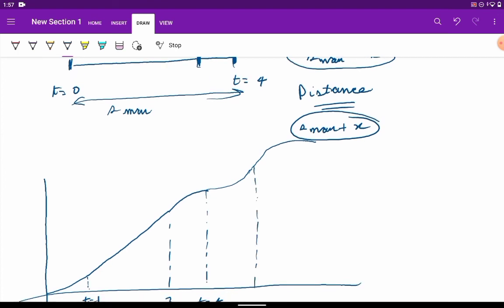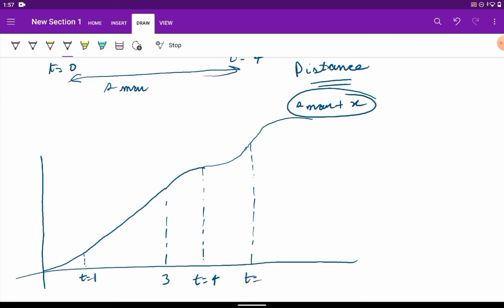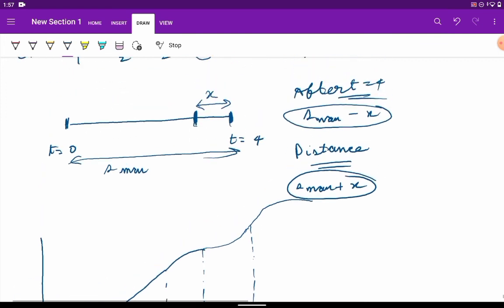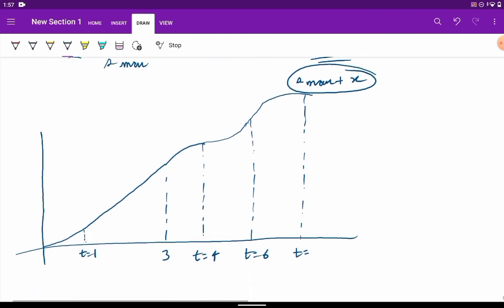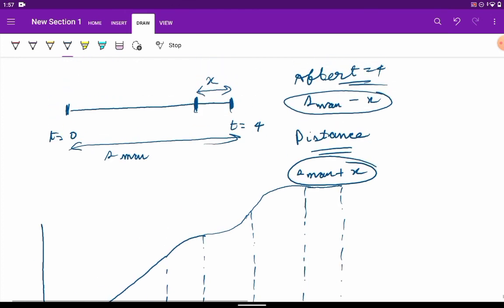This is t equal to 6, and at t equal to 7, velocity again becomes 0, it comes to a halt, almost permanent, as far as the information that we have. At t equal to 8, it remains at that position. Essentially this is the curve.